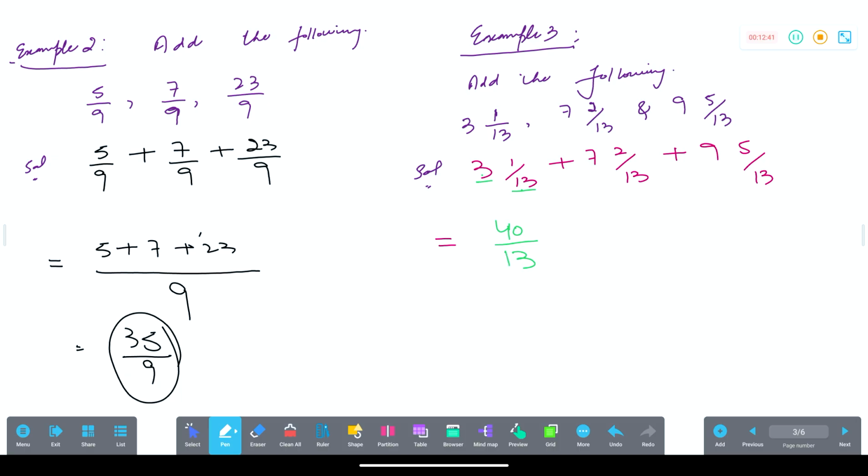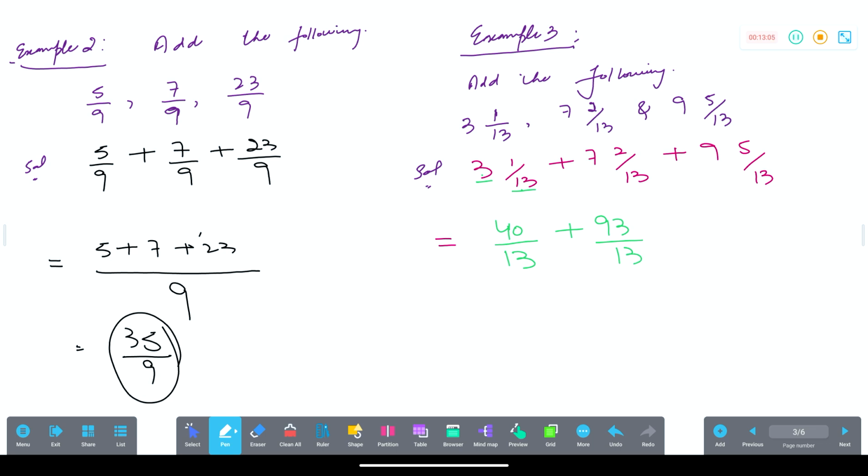So you need not change the denominator. Denominator of every mixed fraction will remain the same when we convert that into improper fraction. Plus, now again 7, 13 are. So 13 into 7, if you check, it will be equal to, I think, 91. 91 plus 2 is 93 divided by 13.